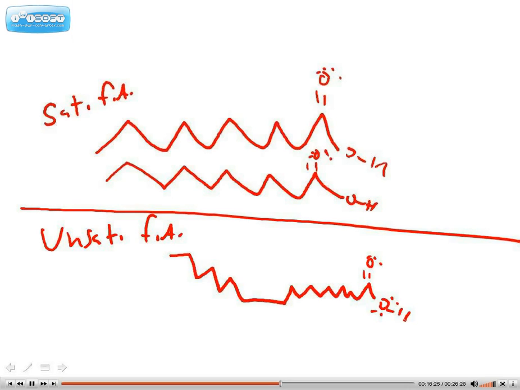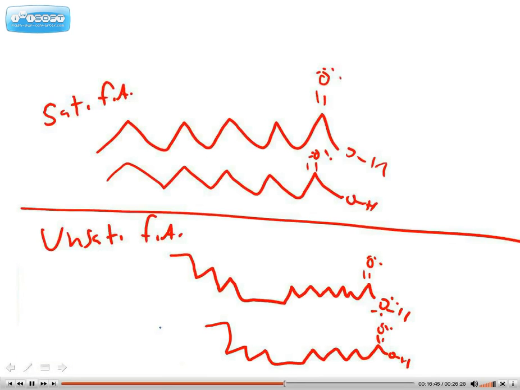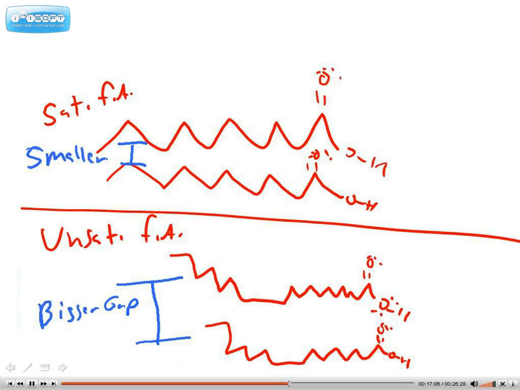Even though it's quite messy, compare the unsaturated versus the saturated. And what you'll notice is there's a much bigger gap when we try to stack the unsaturated fatty acids compared to the saturated fatty acids.